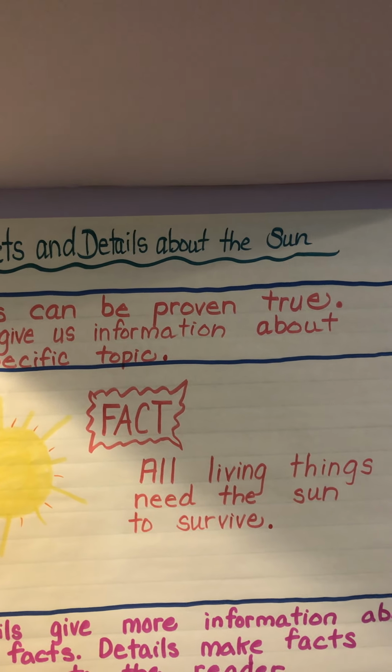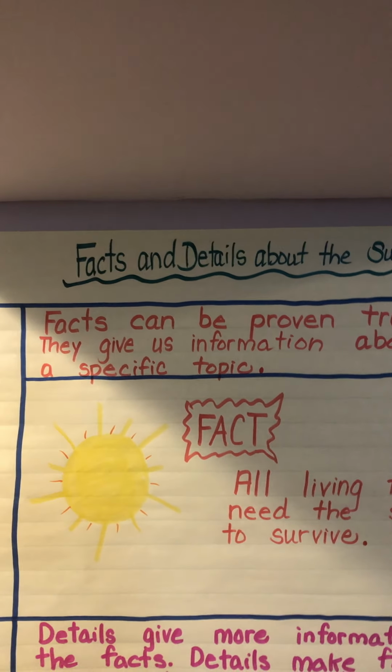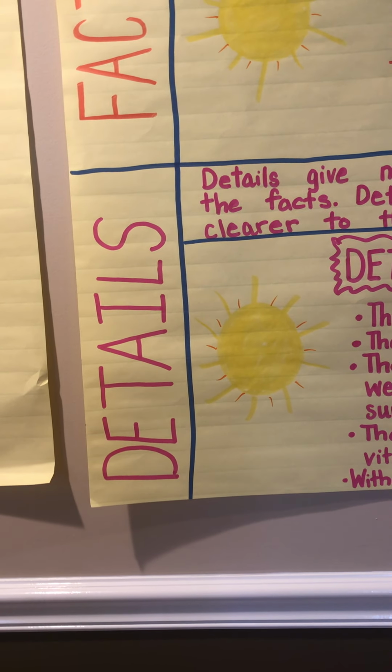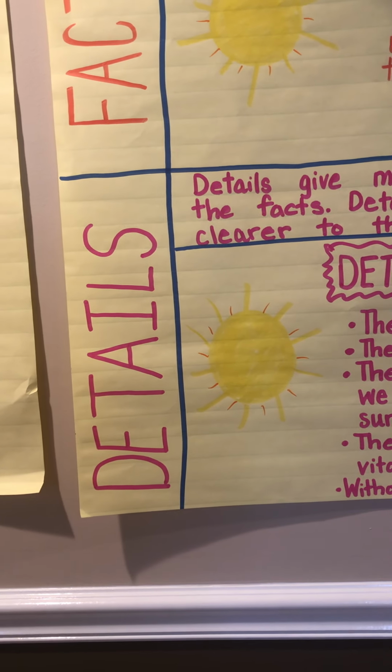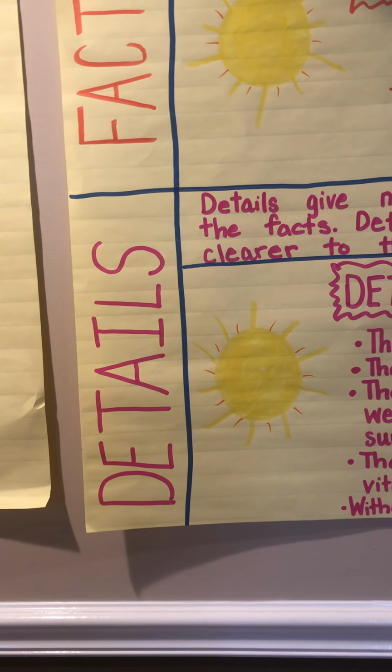Why do we need the sun to survive? Do animals need the sun? Do people? Do plants? Well, that's where details come in handy, because details will give us more information about that fact, and it'll make what we're reading more understandable, and it'll make it clearer.